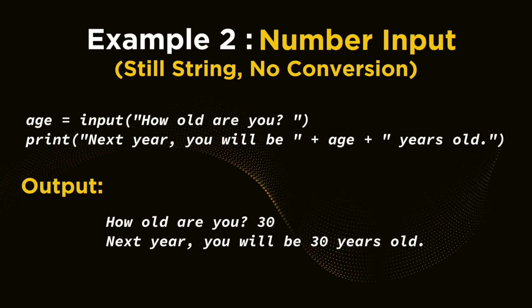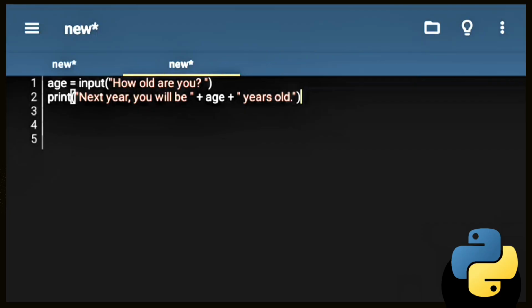Next year, you will be 30 years old. Even though 30 is a number, Python treats it as a string. It works in this case because we only print it with text. We don't do any math. Let's run this program.